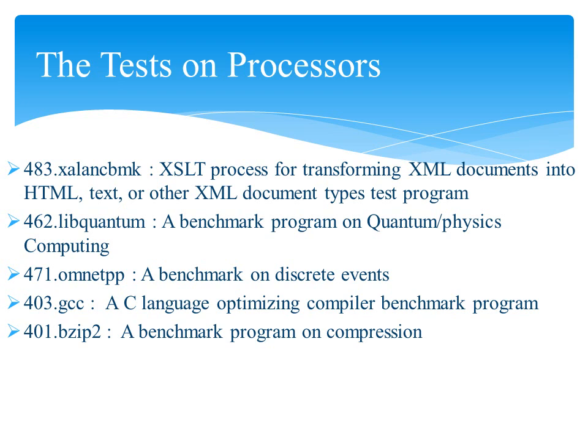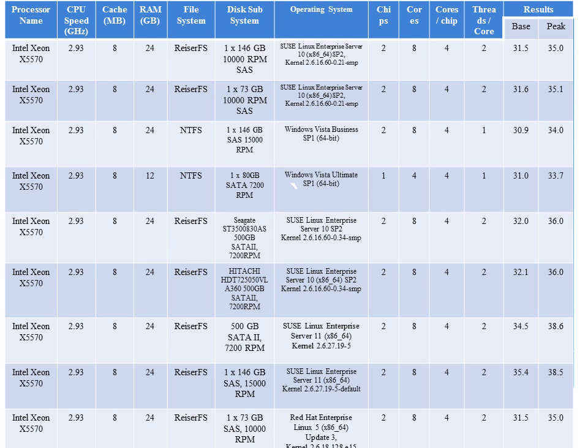You can observe the various tests we have performed, for example, 471 is a benchmark for discrete events. 403.gcc is a C language optimizing compiler benchmark program. 483.xalancbmk is an XSLT process for transforming XML documents into HTML, text or other XML document types.